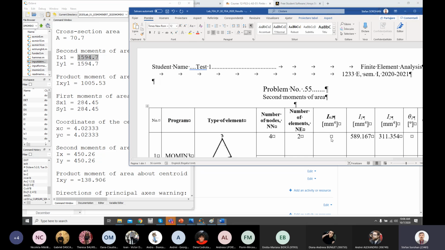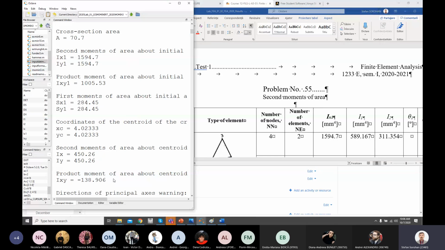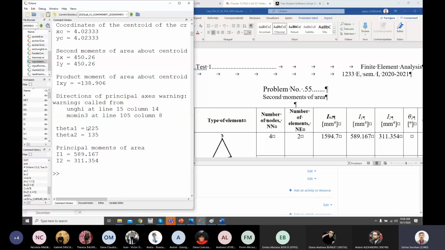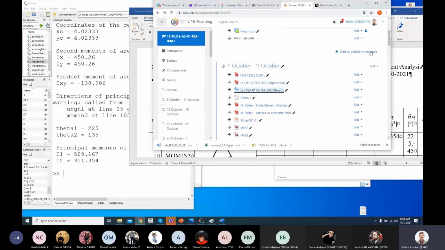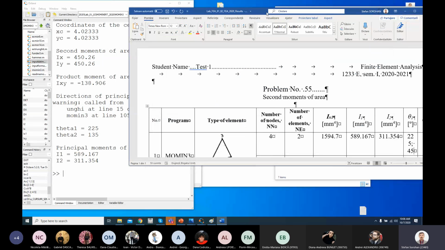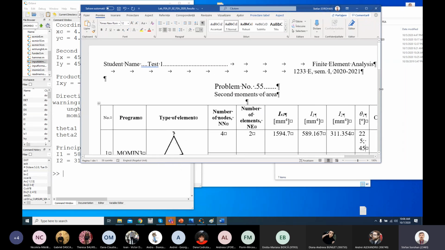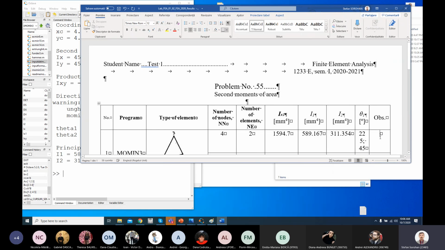Control C and Control V. And the angle, I told you that our angle is this one, but you can put this one, or you can remove this one. You can put 25, or if you know 45 is the same, and no observation. If you have one, you can put it.